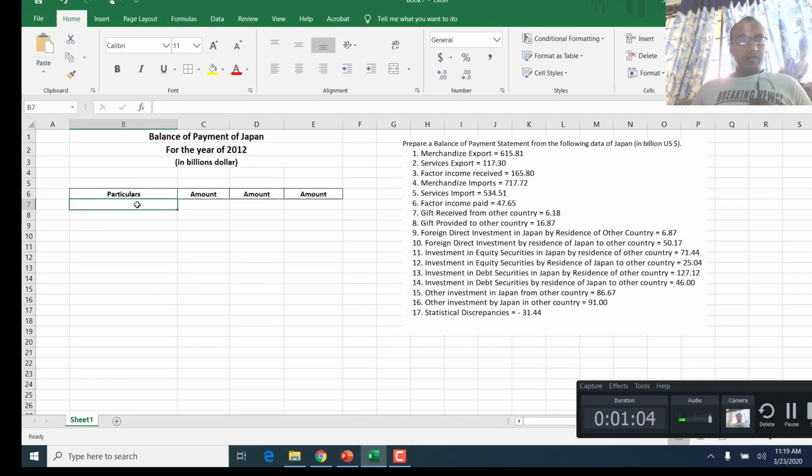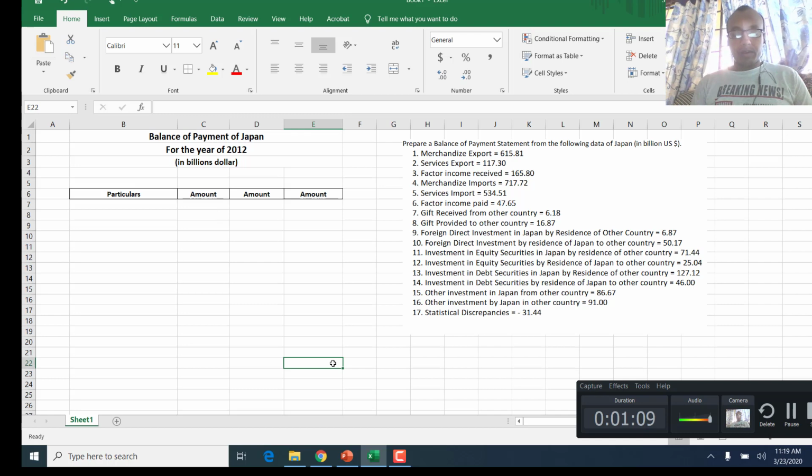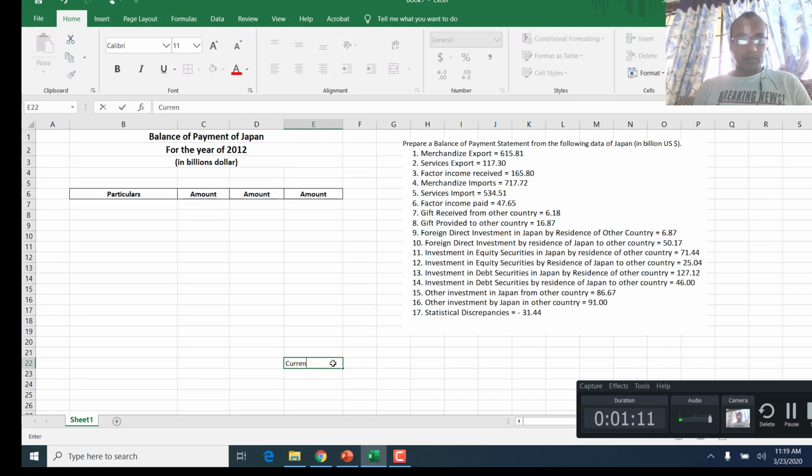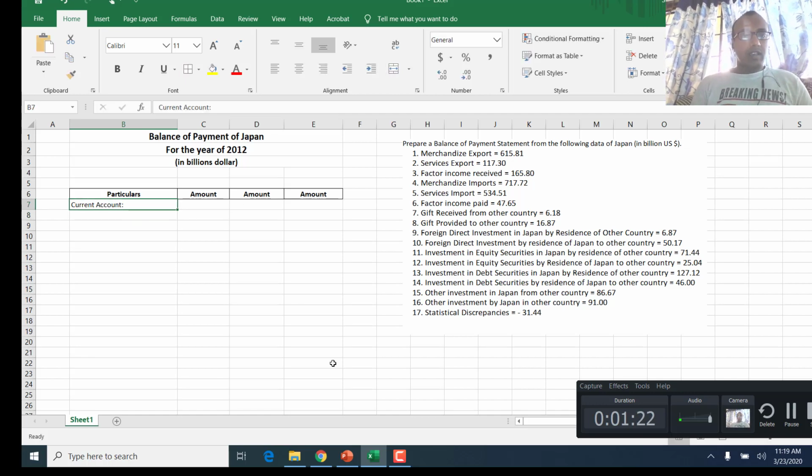First of all, we know that in the balance of payment, the first component is the current account.